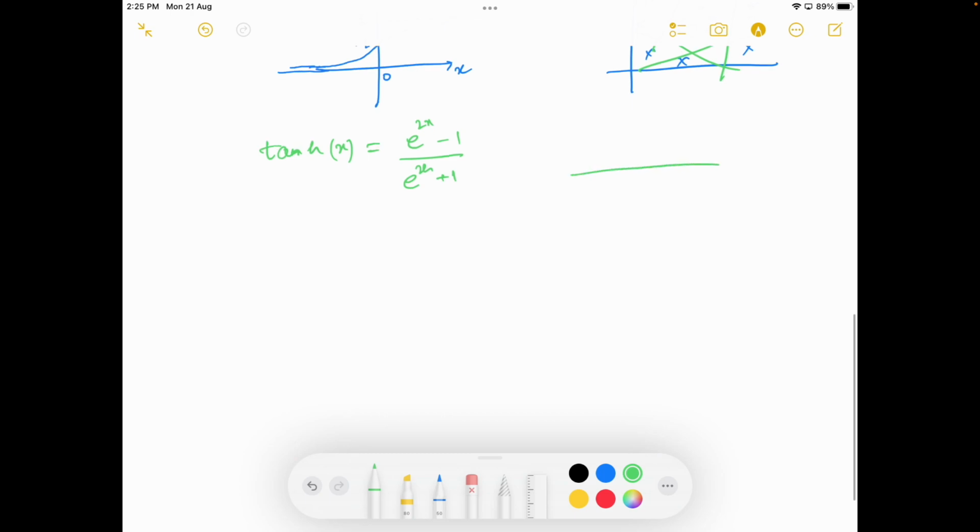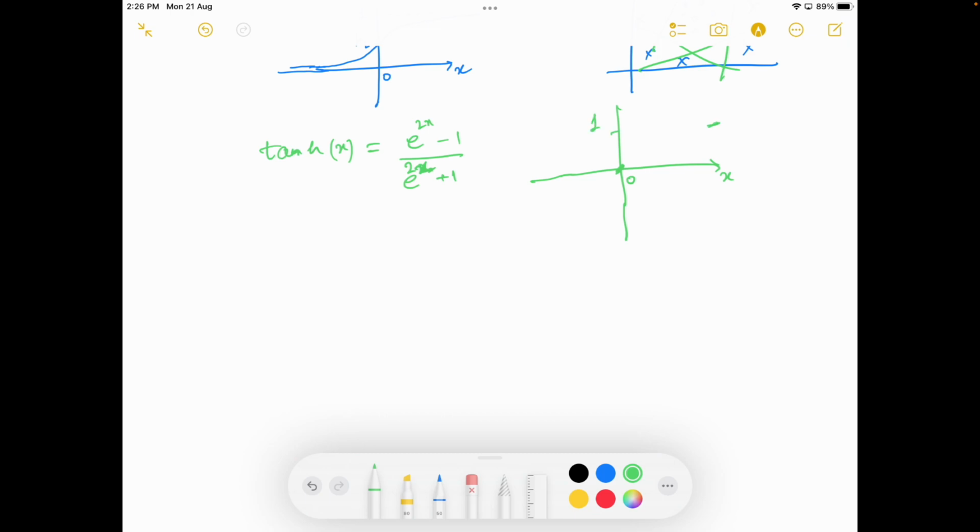If you plot it, let's say this is x, and 2x. If x is 0, what's the value? 0 only. If x is tending to plus infinity, what is the value? e to the power 2x upon e to the power 2x, so it is 1.